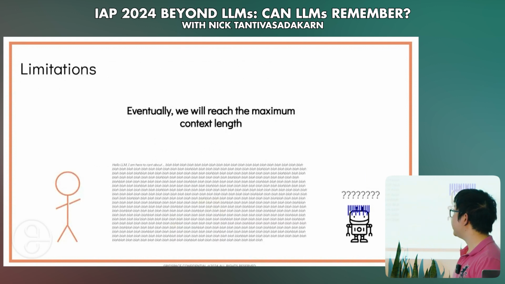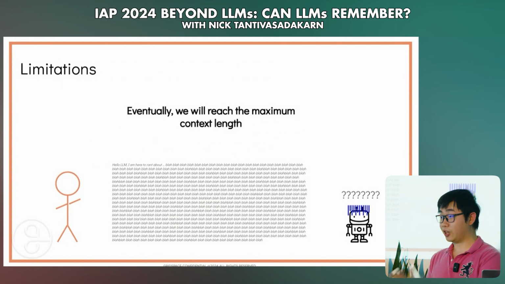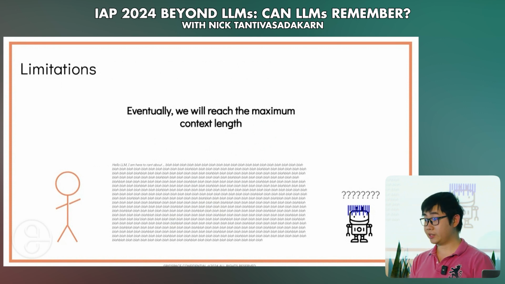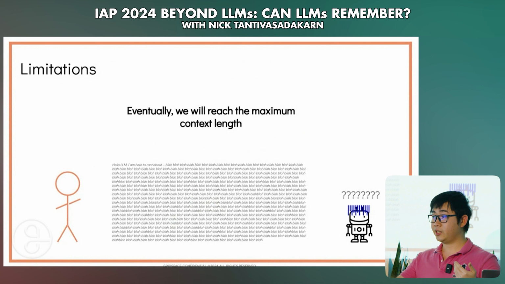Also, another limitation is that eventually we will run out of context. Using LLMs alone without any other tricks, if we just keep giving it more and more information, eventually it'll run out and start forgetting things.